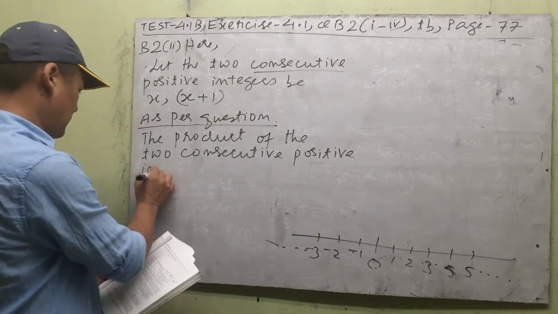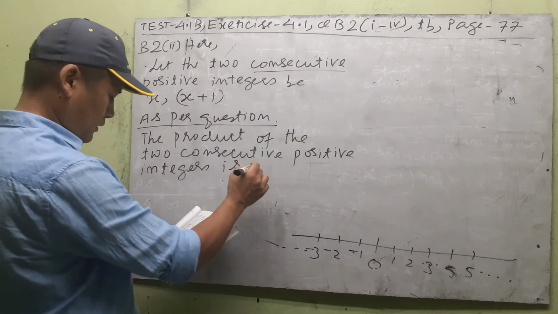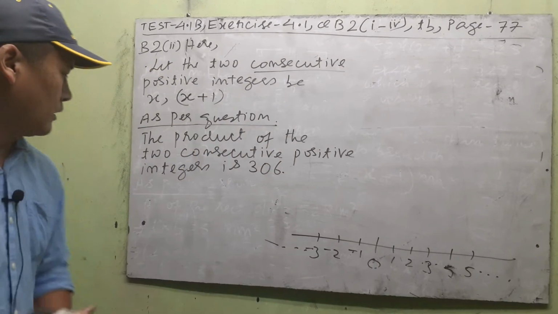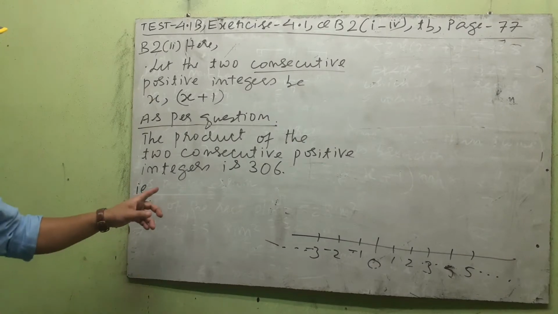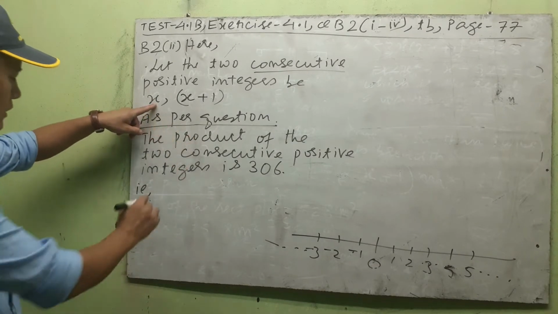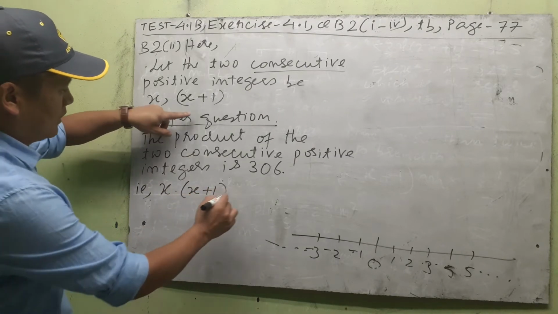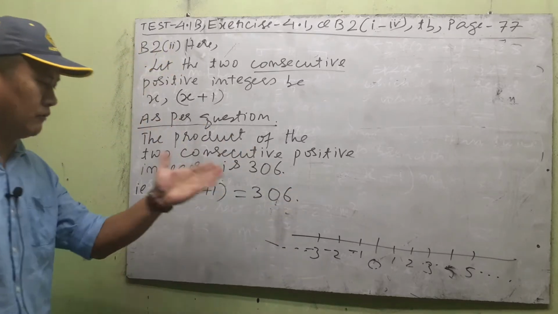Write along with me. In other words, in the form of an equation, product means multiply. So the first one multiplied by the next consecutive one, x plus 1. Is means equal. That's what the question is saying. So this is the one.